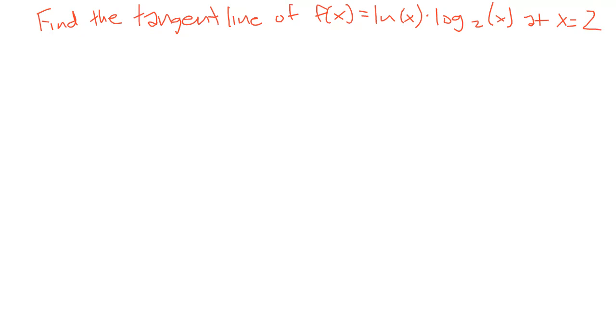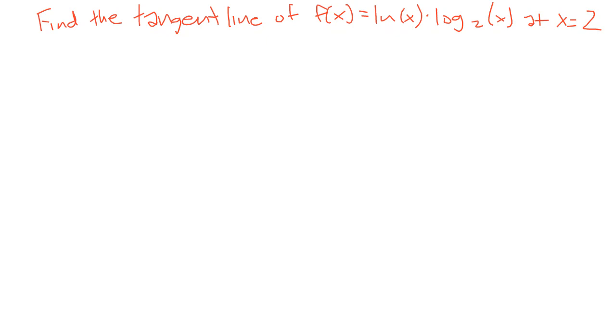So let's get started with this. We have natural log and a log base 2. Even though those are technically different bases, they're both log functions, and we can just apply product rule to this.